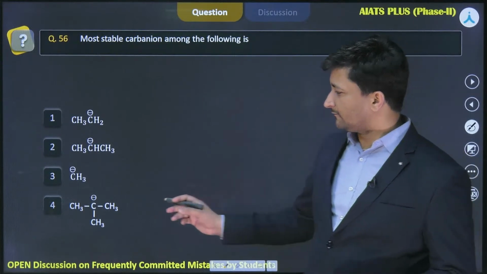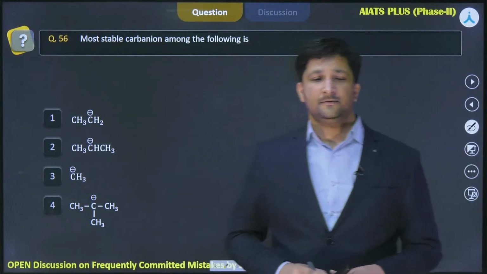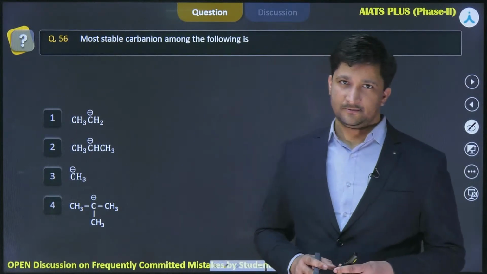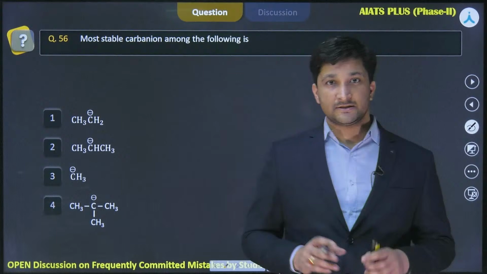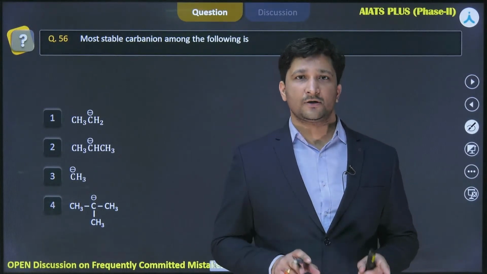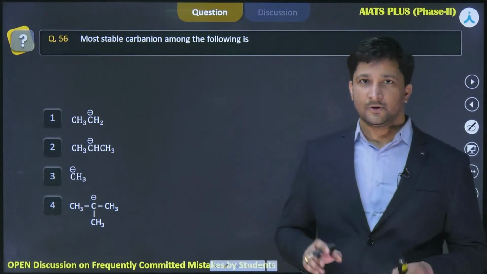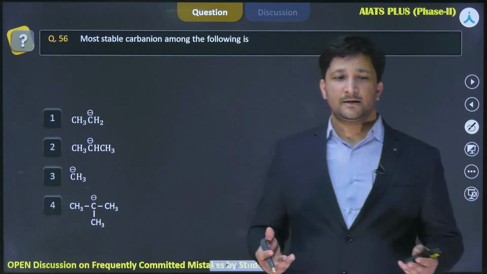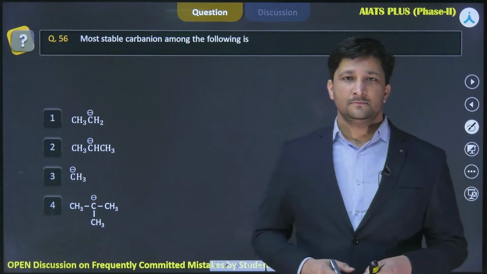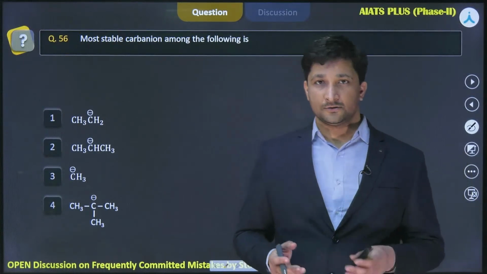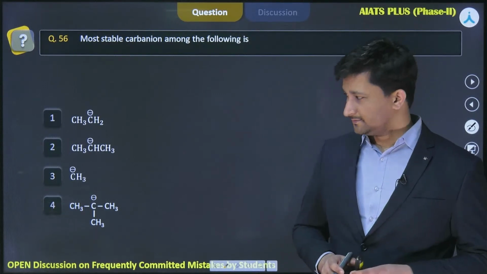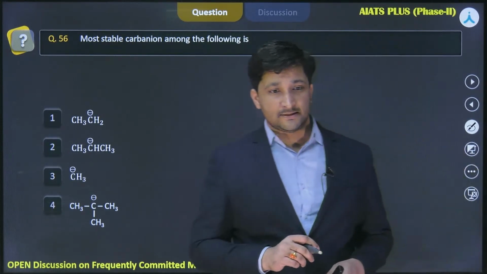Why do you think option number 4th is the correct one? See, we have certain stabilizing forces, and in order to increase stability, we have to look for lesser charge: resonance, hyperconjugation, or inductive effect. Inductive effect can stabilize and can also destabilize. 3 degree.